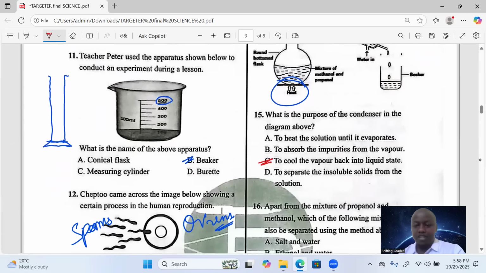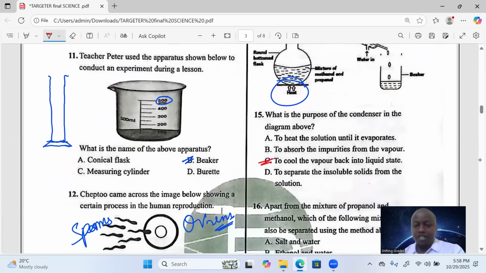No, it should be movement from the anther, sorry. So now this one becomes wrong. You can't move pollen grains from the stigma. It should be from the anther to the stigma, because anther is the male part, while stigma is the female part of the flower.